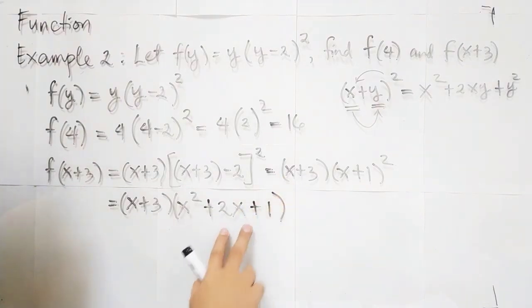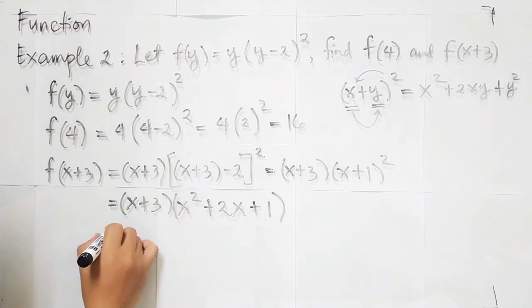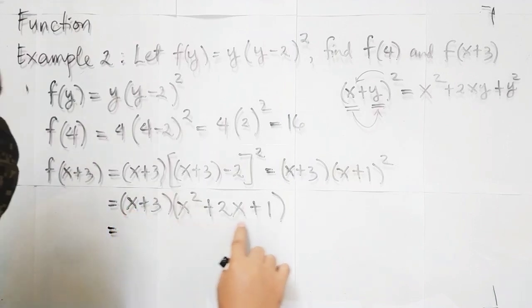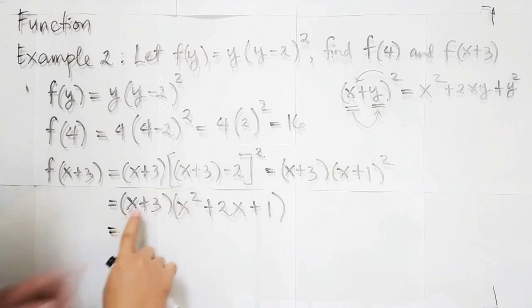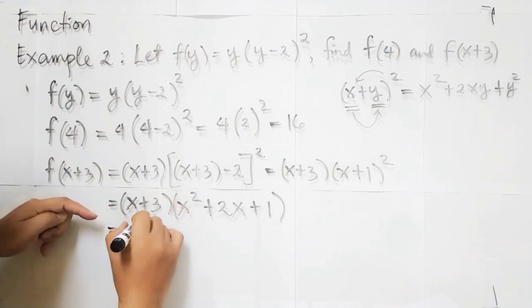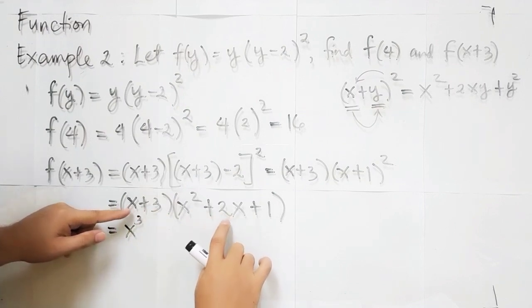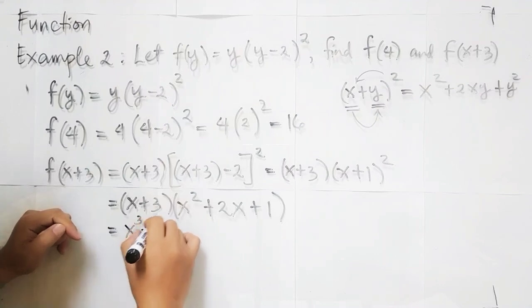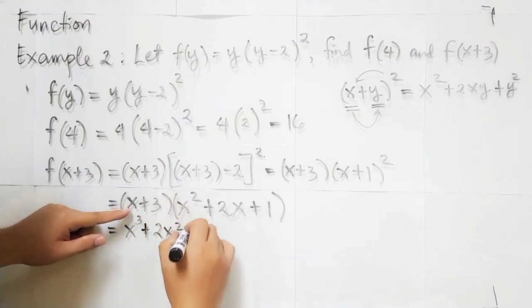That is how we expand (x plus 1) squared. Then we distribute this x to x squared plus 2x plus 1. So x times x squared equals x cubed, x times 2x equals 2x squared, and x times 1 equals x.